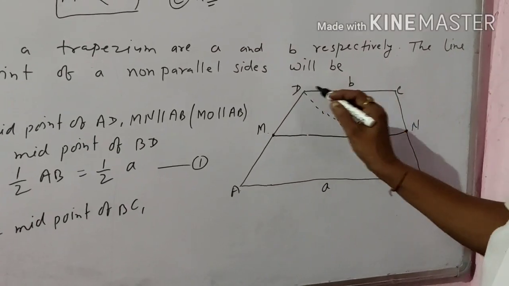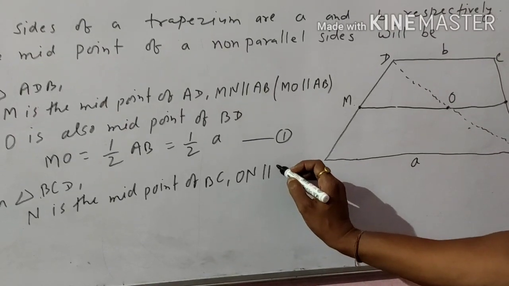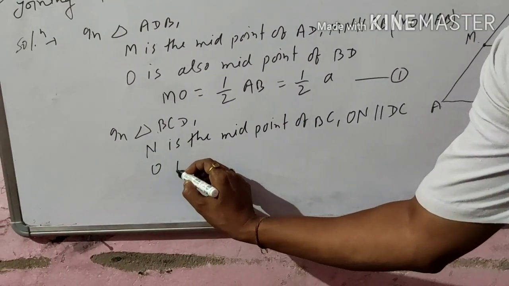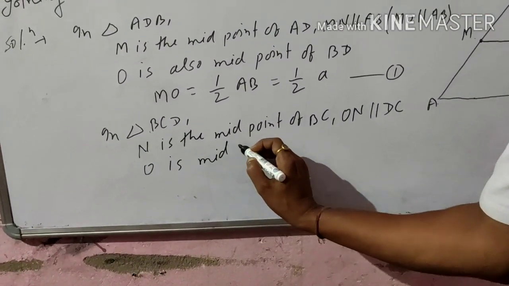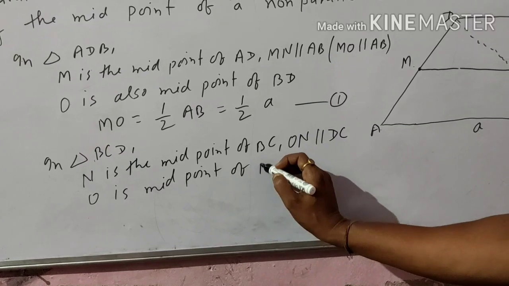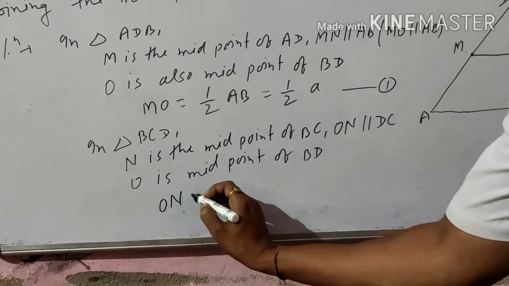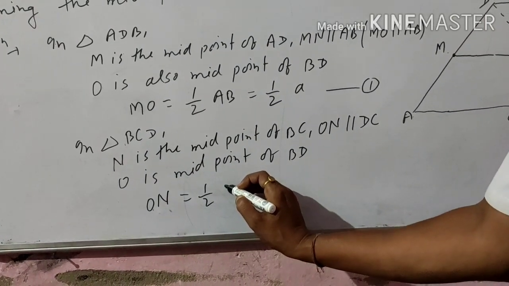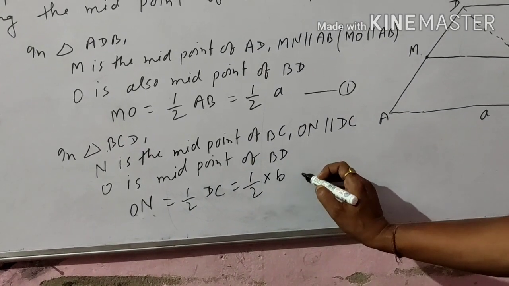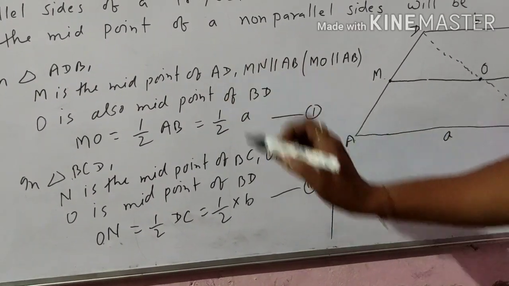So ON is parallel to DC. Again O is the midpoint of BD. So again write down the relation: ON is equal to 1 by 2 DC. So 1 by 2 DC is equal to B. This is equation second. Okay student, this is equation first and this is equation second.